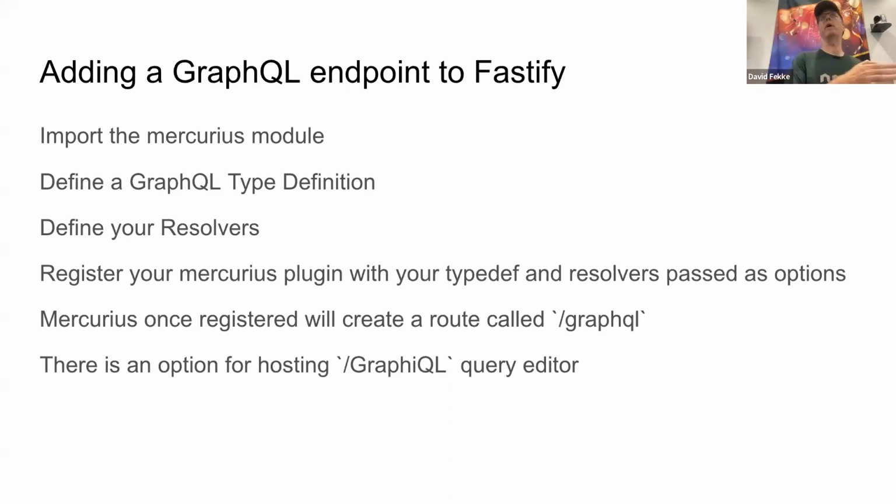That's going to be your endpoint for doing all of your calls. There's also a graphical editor you can use. I think anybody that's worked with GraphQL is probably familiar with the graphical editor. They've got one built in here that you can use as well.